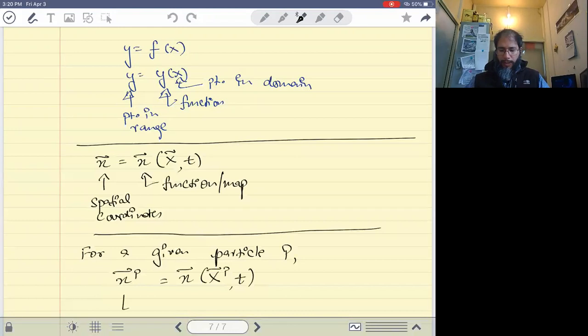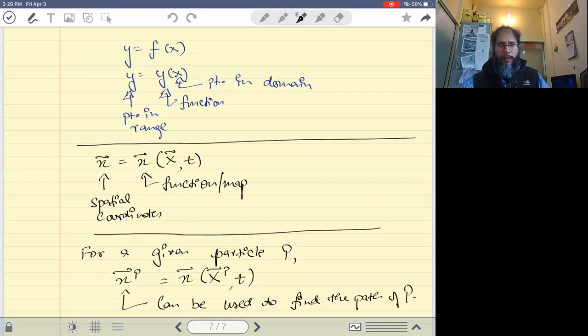So this basically can be used to find the path of the particle P. Path of P means how particle P moves in space. Capital X of particle P is constant.